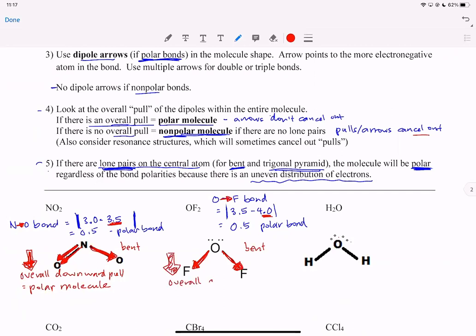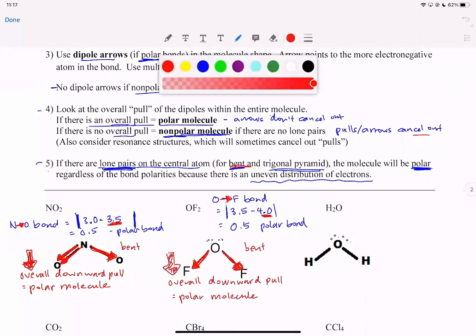There's no upward to cancel out. So when there is an overall pull or push downwards, this is going to be a polar molecule. Also remember that anytime you have a bent shape, the molecule will always be polar because of the lone pairs on the central atom, whether they're drawn there or not.